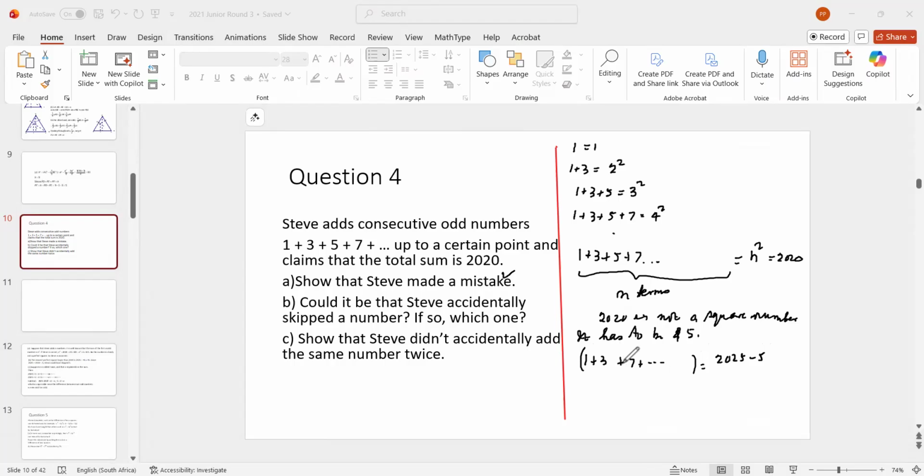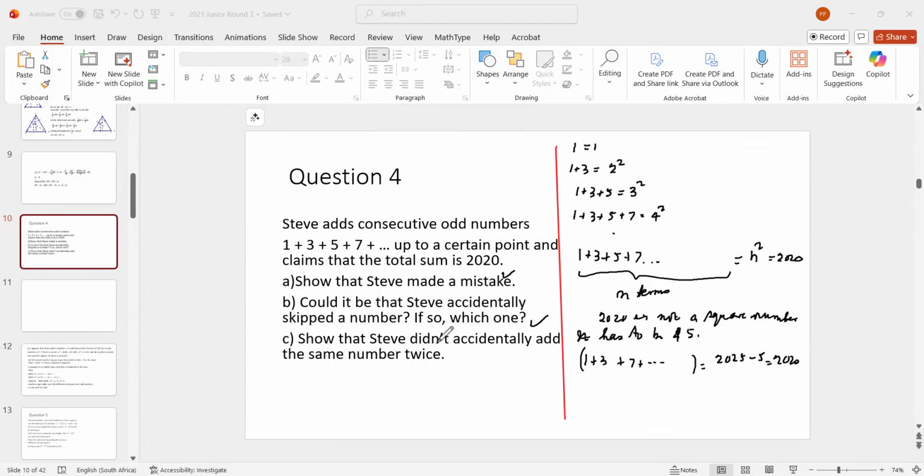Because if you take the 5 out of 2025, I've removed it, that gives you 2020. So that tells you that the missing number is 5. Okay, so that's the first part. And it is true that Steve skipped a number and the number is 5.